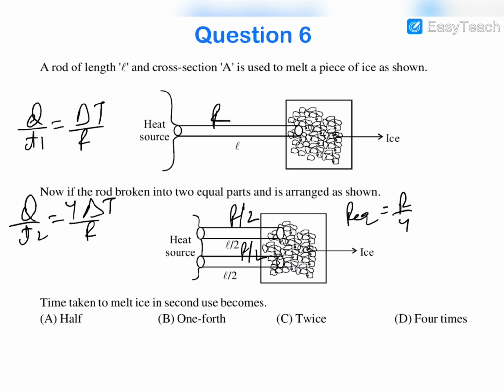Okay, so if you divide these two, you can see that T2 by T1 will be equal to 1 by 4, and therefore T2 will be equal to 1/4 of T1. So correct answer would be B option. Now we move on to the next question.